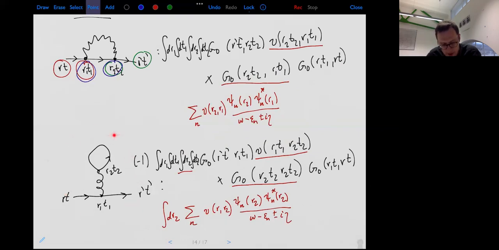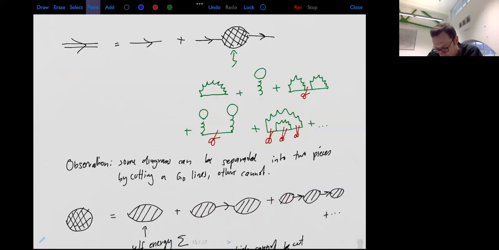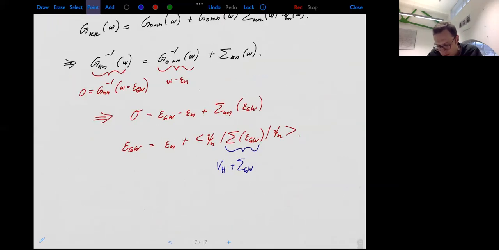So this diagram is the Hartree diagram, which I can separate out. I can write my self energy as this Hartree part and the rest, which I call sigma GW, and then I can add and subtract the DFT exchange correlation potential.